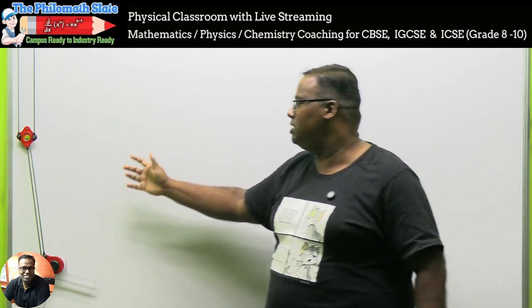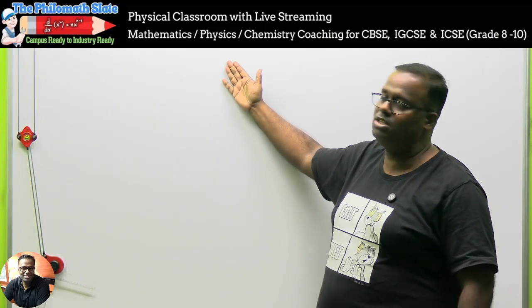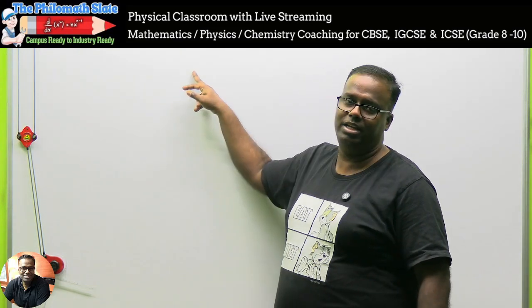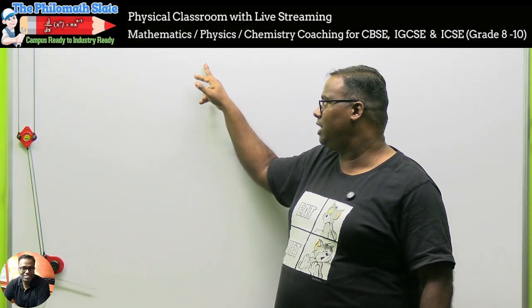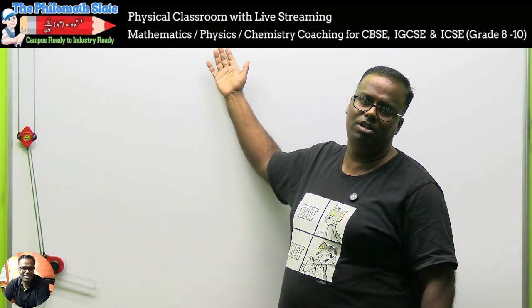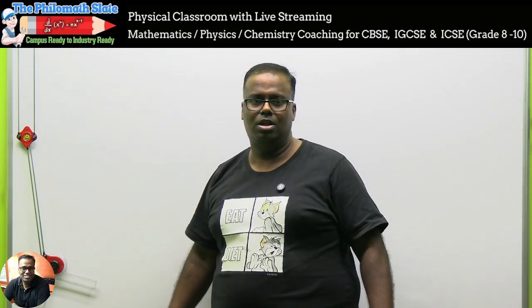Hooke's law is when the extension is proportional to the load applied, so you will get a straight line. The moment you don't get a straight line, from that point, that's the yield point. Beyond that, Hooke's law is not applicable. That point is known as the limit of proportionality.